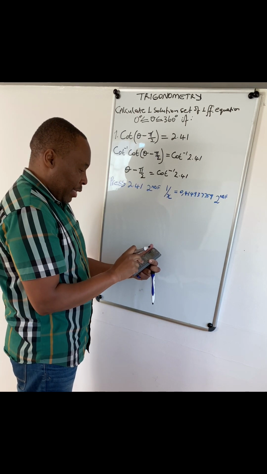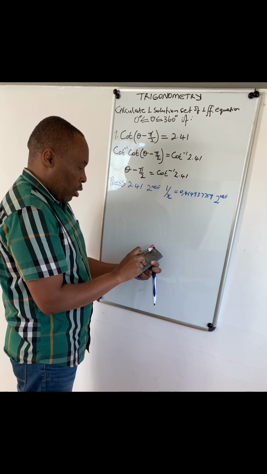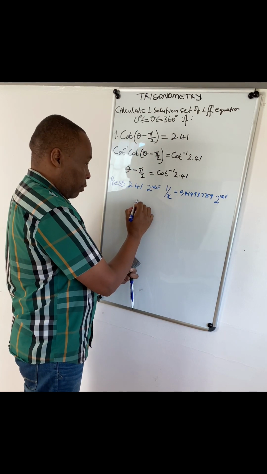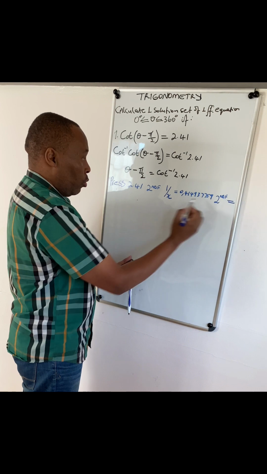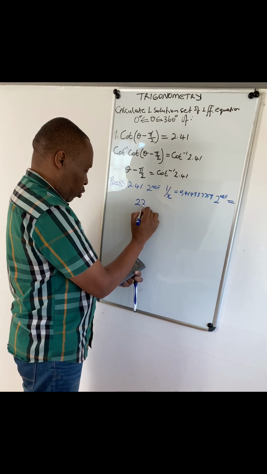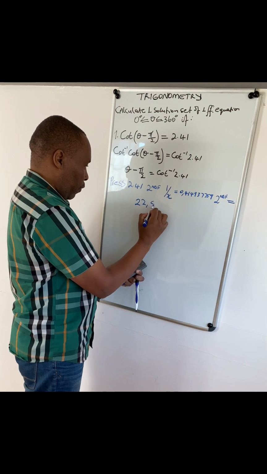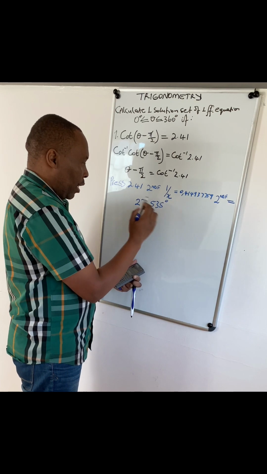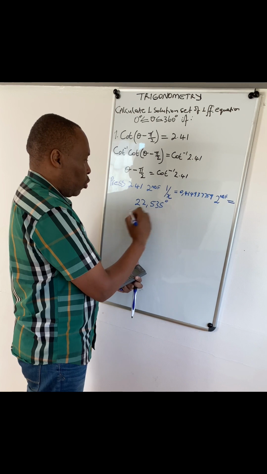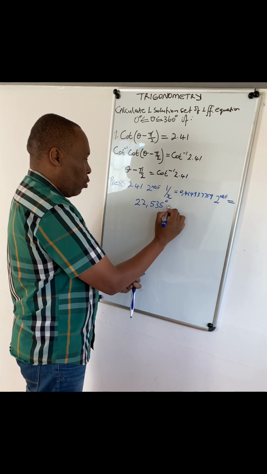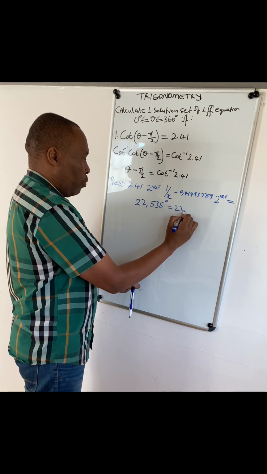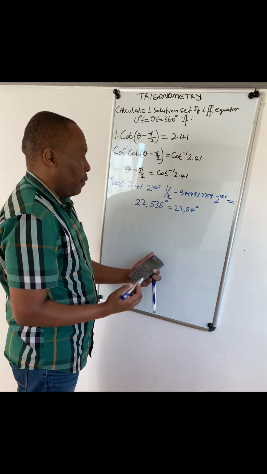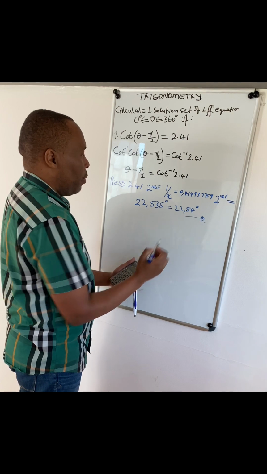I press the button written tan, and it gives me an angle of 22.535 degrees, which I would round off to 2 decimal places as 22.54 degrees. So this would be my answer.